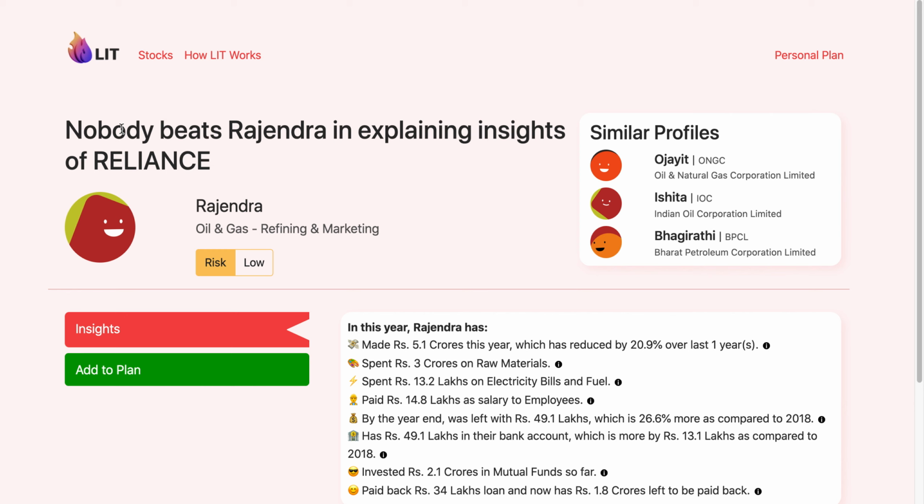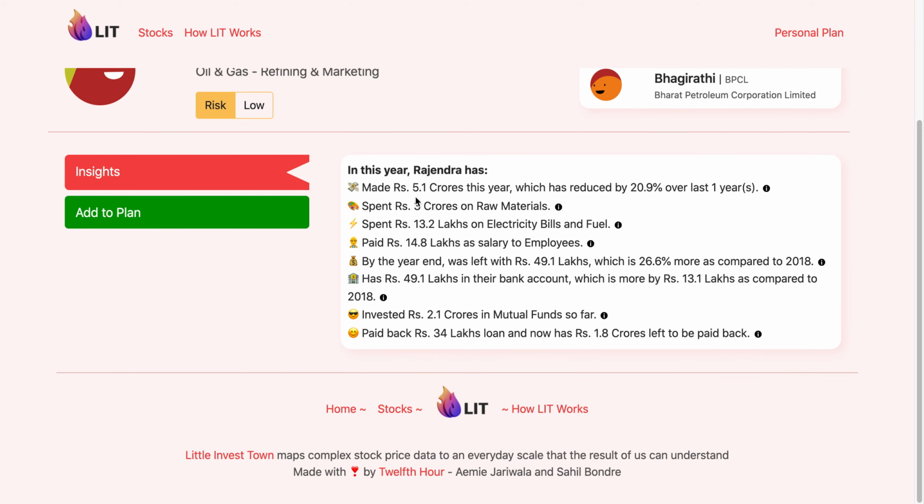We can see that Rajendra works within the oil and gas sector, and the risk to trust Rajendra is very low, which is already a good thing. Moving on to the insights, Rajendra has 13.1 lakhs more in his bank account within 2 years, and has also shown a profit of approximately 27% within 2 years.